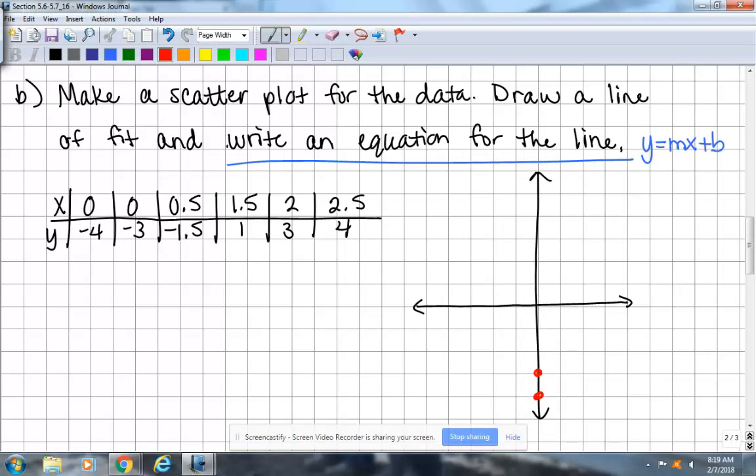Now these little 0.5 things are halfway, right? So that's 0.5, negative 1.5. So that means I go to the right half and down 1.5. So I'm about right there in the center of that square. 1.5 plus 1.